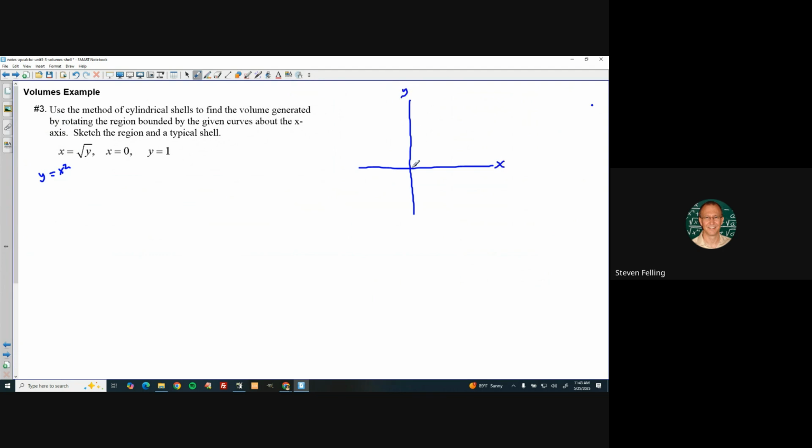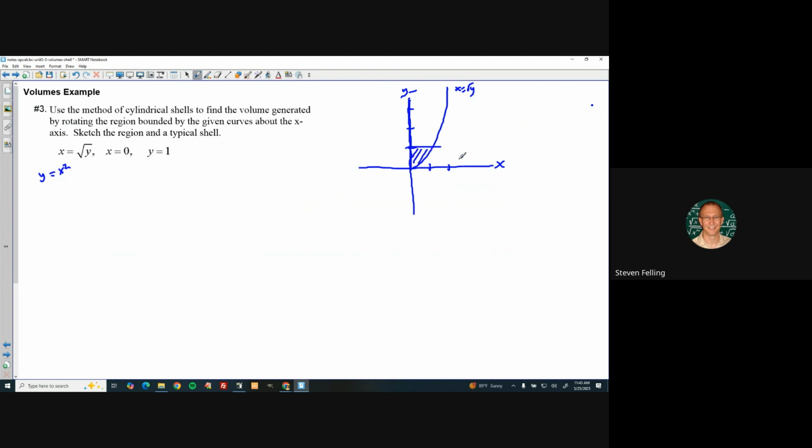So x squared is equal to y is this. The fact that it's written this way, x is the square root of y, means that it's prohibiting negative x's. So it's only the positive x part of y equals x squared. So 1, 1, 2, 4. This would be something like that. This is x is the square root of y. x is 0 is the y-axis, and y equals 1 is this. Okay, so it's actually this region here.